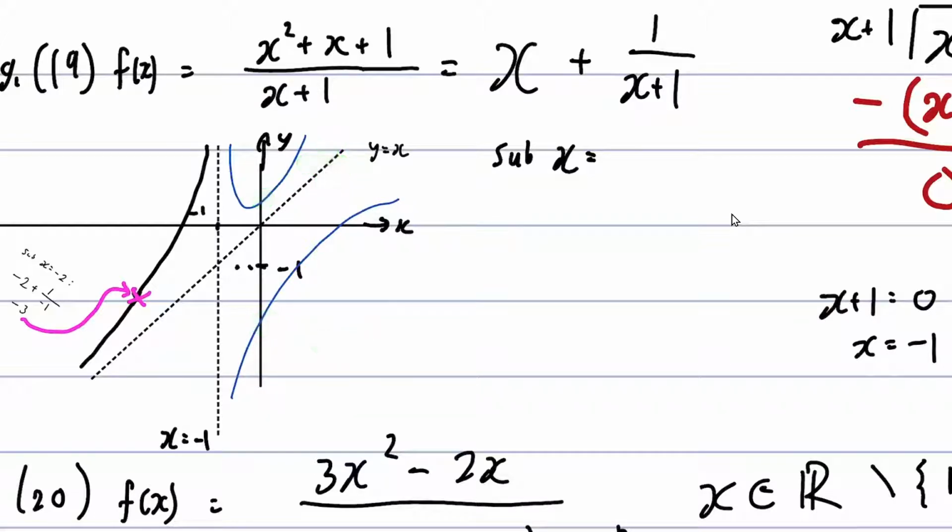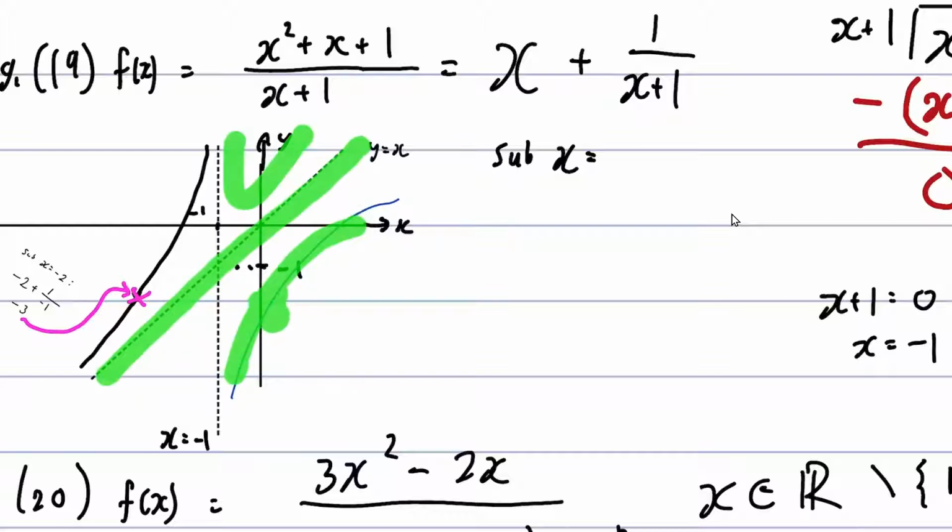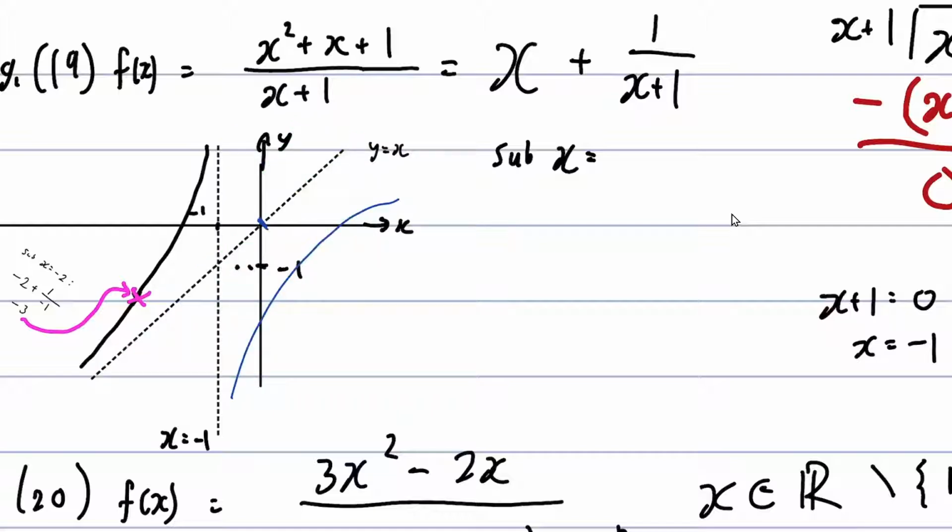Maybe there's a possibility that the curve when x equal to 0 could be negative. But anyway, the key point is it must either be above y equal to x or below y equal to x. At x equal to 0, y equal to x passes through 0, 0.